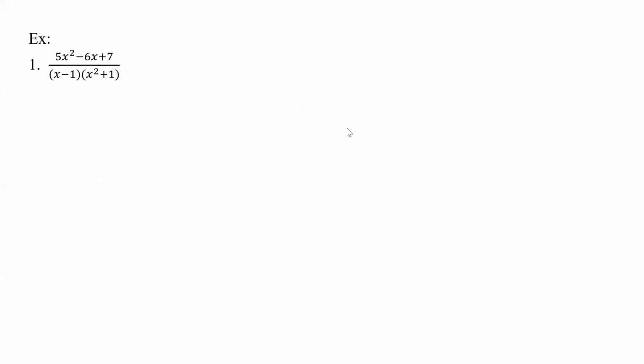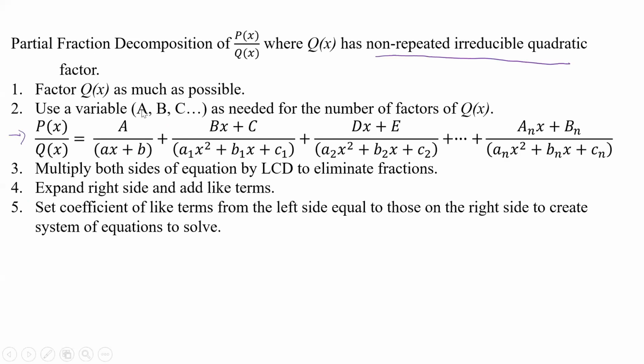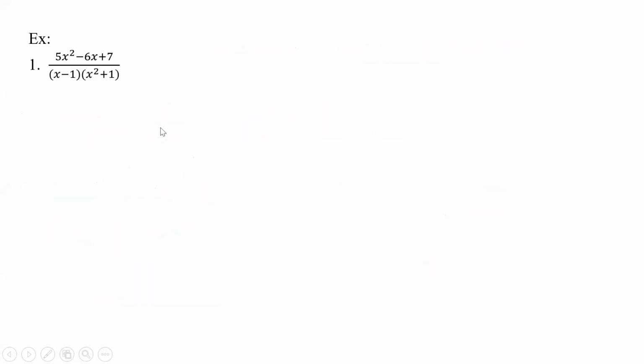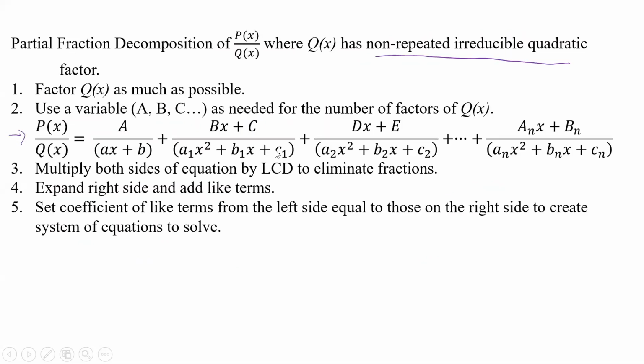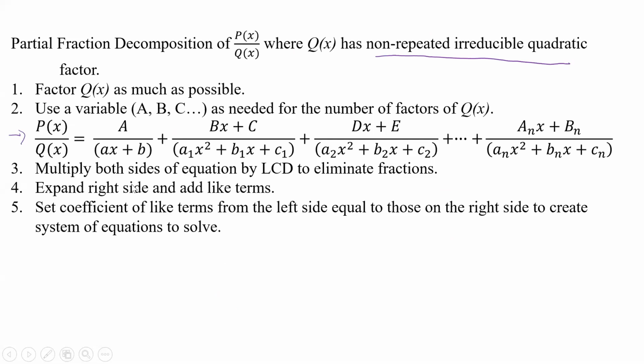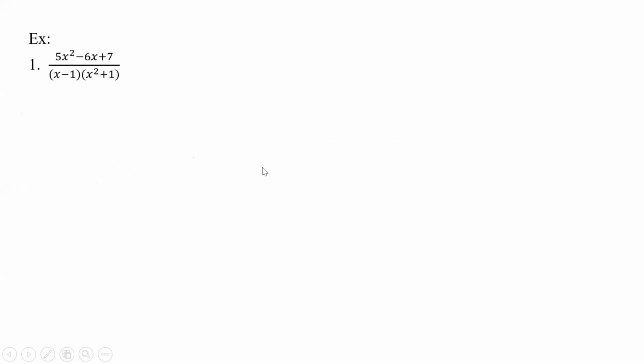So this one here, we have the x minus 1, and so that's going to be our A over x minus 1. Then we have an x squared plus 1, so that's going to be this part here, and so that's going to give us a Bx plus C, and we don't have any other terms after that. So that's all we're going to have: the A over the first term plus Bx plus C over the second term, and then we have to simplify from there.